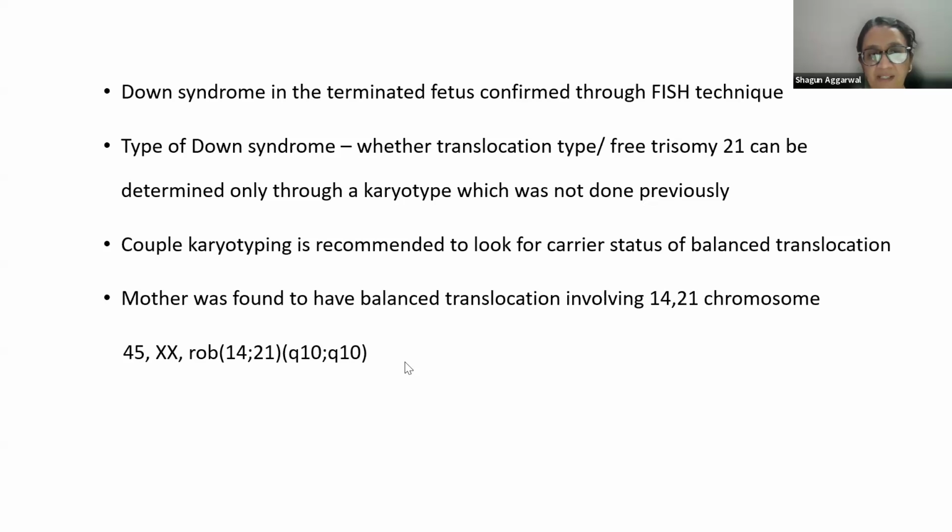Because if it's part of a translocation, then the recurrence risk figures change, and your subsequent pregnancy risks and management options, whether you'll do screening, use NIPT, or use prenatal testing, all that changes.